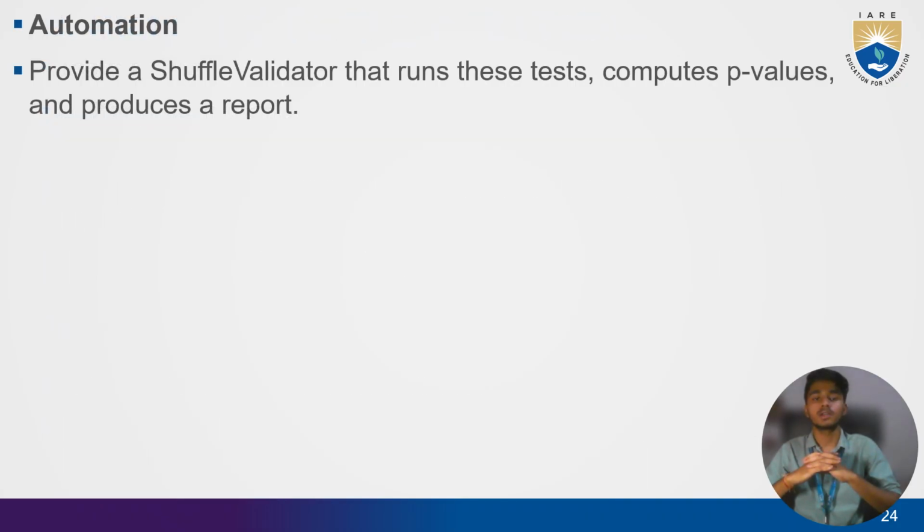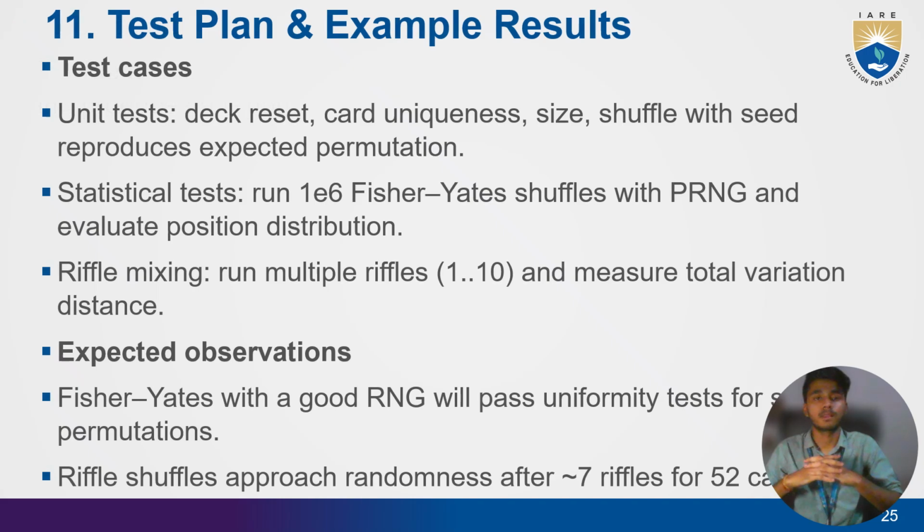Automation: provide a shuffle validator that runs these tests, computes p-values and produces a report. Test plan and example results. Test cases. Unit tests: deck reset, card uniqueness, size, shuffle with seed reproduces expected permutation. Statistical tests: run 1e6 Fisher-Yates shuffles with PRNG and evaluate position distribution.